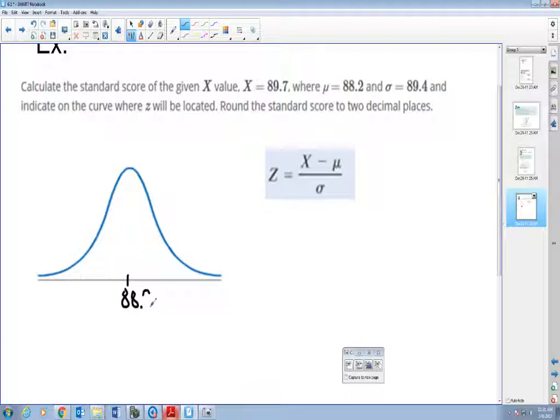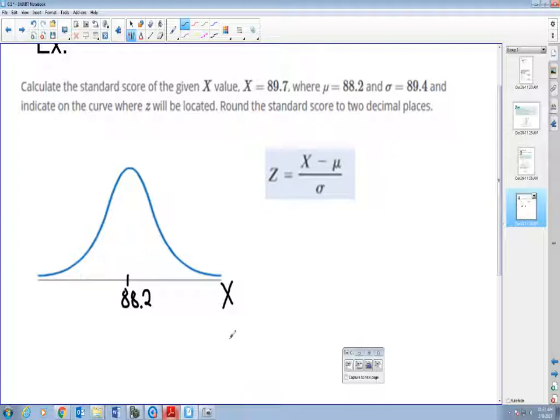Alright, so the 88.2 is under the regular random variable x axis. Standard deviation is 89.9. Alright, so I can go one standard deviation to the right and left, and if I go to the right one, I just add 89.4. If I go to the left one, that will be 88.2 minus 89.9.